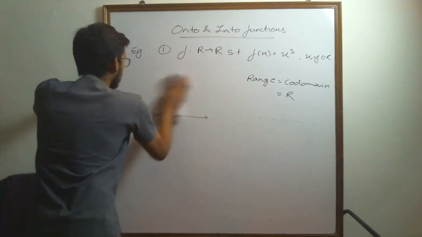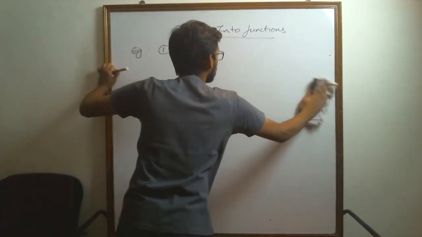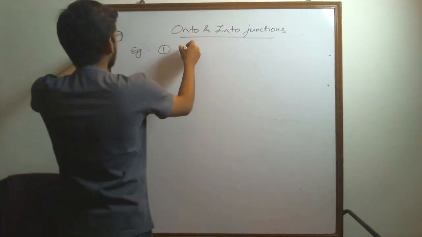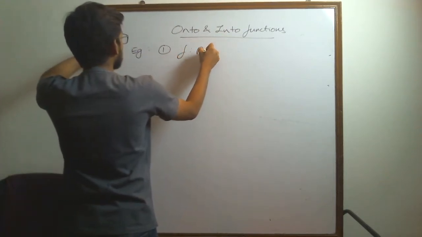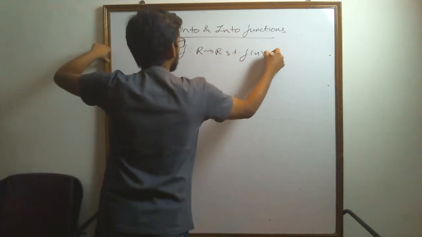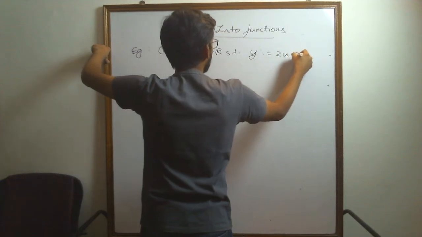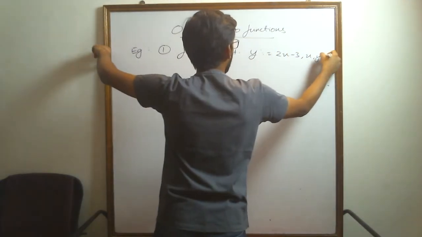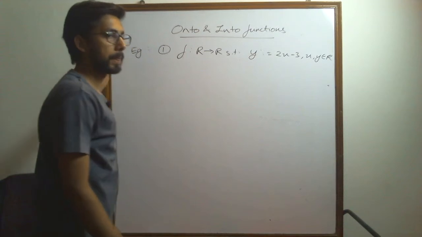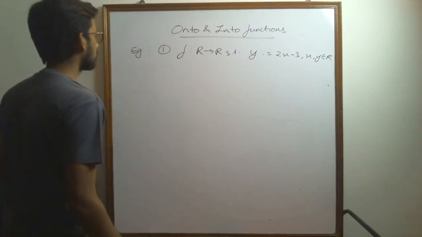Let's take one more example. If I take a function from set R to R such that f of x is equal to 2x minus 3, where x and y belong to R, see whether this function is onto or not.